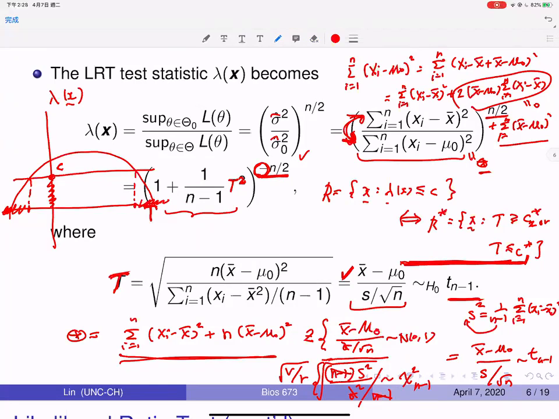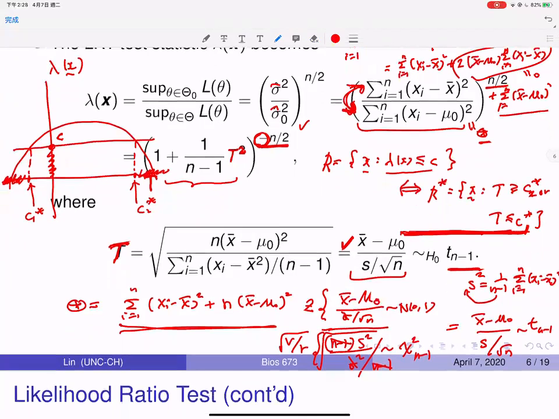You do have lambda x smaller than c equivalent to either t bigger than c2 star, or t smaller than c1 star. That's exactly the same as what we did for the single parameter situation.